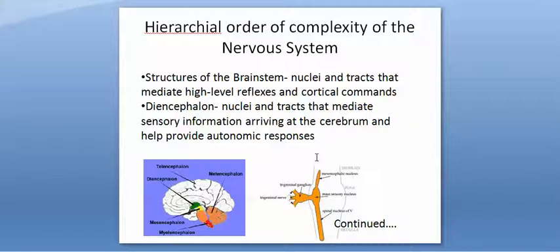All right, then we're going to talk about the diencephalon, our old friend, the diencephalon. Again, that's a grouping of nuclei and neural tracts, and that mediates sensory information. Remember, the diencephalon has the thalamus, and the thalamus is that grand central station in terms of sending sensory information where it needs to go. So that's what it means by mediate, right? It mediates sensory information arriving at the cerebrum and helps provide autonomic responses.